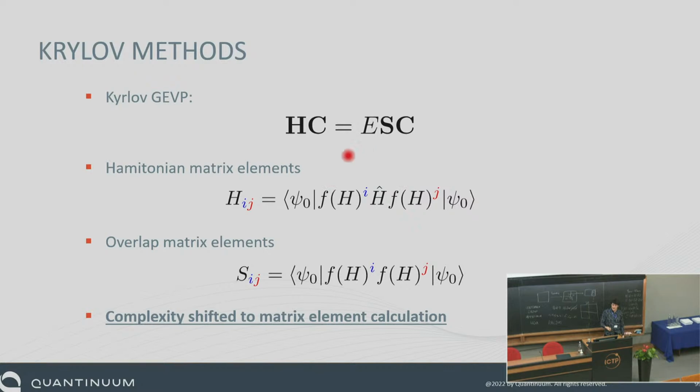So the ij matrix elements are formed by f(H)^i and f(H)^j. The overlap matrix elements are formed in exactly the same way, except now there's no H, so we just have the function of H to the i and the function of H to the j. So clearly, this is different.